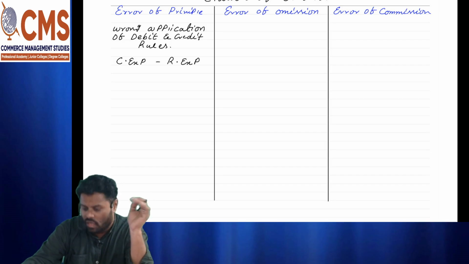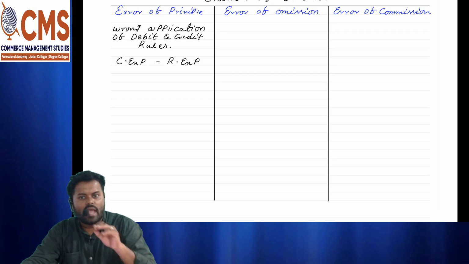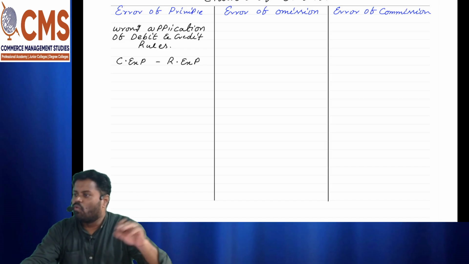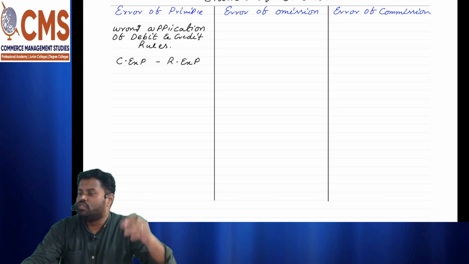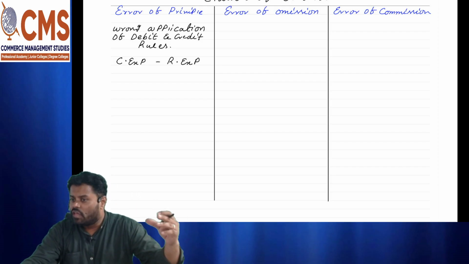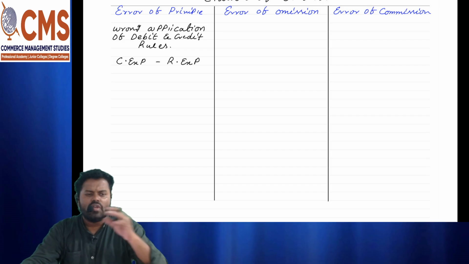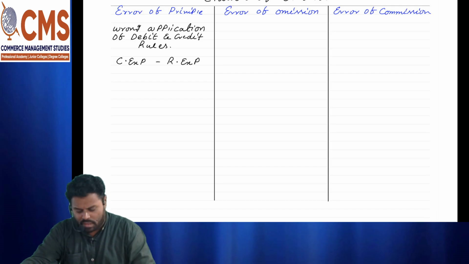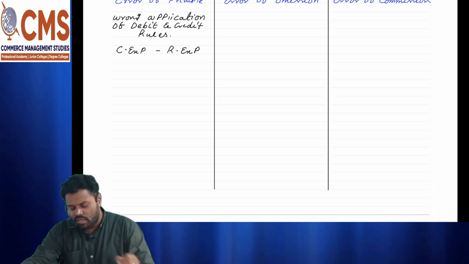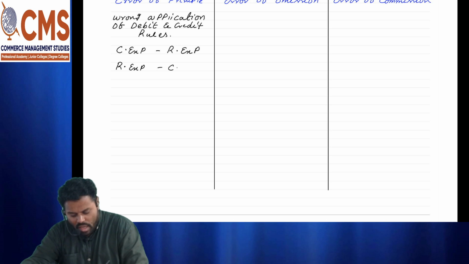There is a difference. So capital expenditure is something that is durable. Something that doesn't give long-term benefit is called expense. So capital expenditure treated as revenue expense, or revenue expense is treated as capital expenditure.